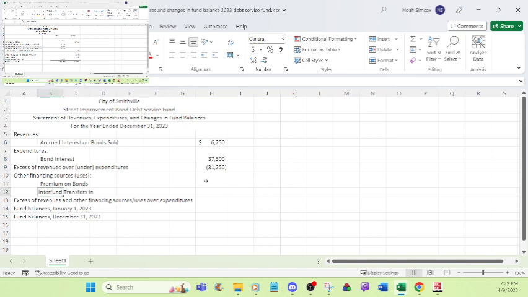I don't care. Premium on bonds is 30,000. Inter-fund transfers in is 38,750, and then excess of revenues.